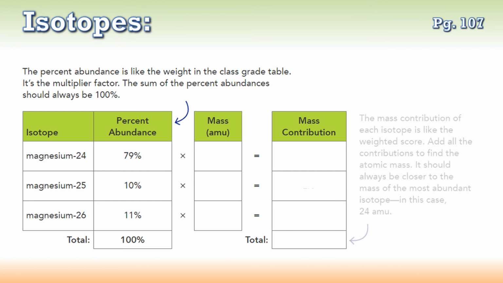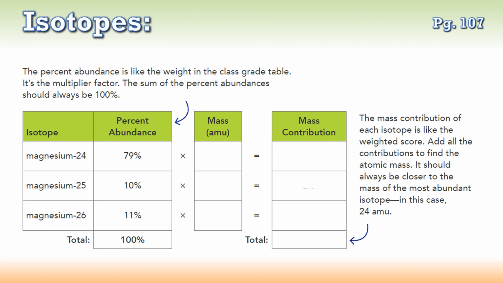Now, just like in the class average example, we'll take the masses times the percent abundance, and we'll get a contribution to the total mass. And when we get done calculating, well, then we will have an estimate for the total contribution to magnesium's mass from all the different isotopes. And again, what are we going to do with those percentages?